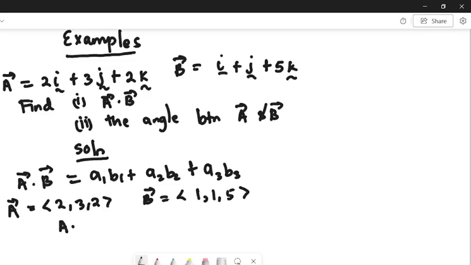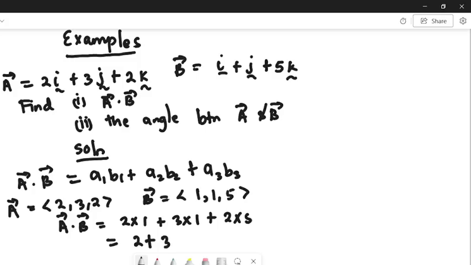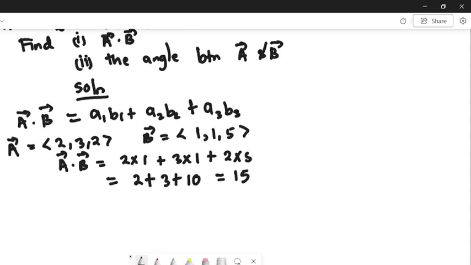So if we say A dot B, you're going to get 2 times 1 plus 3 times 1 plus 2 times 5. That gives us 2 plus 3 plus 10, which is 15. It's a scalar quantity.